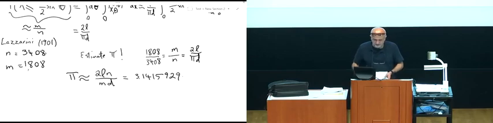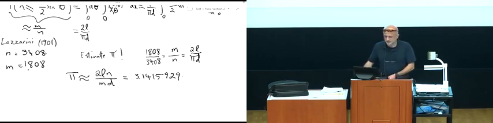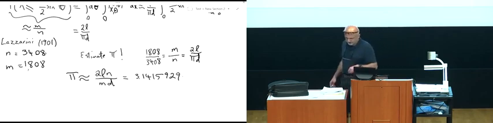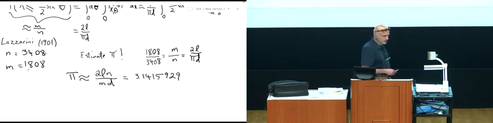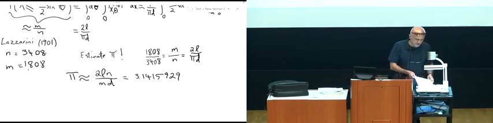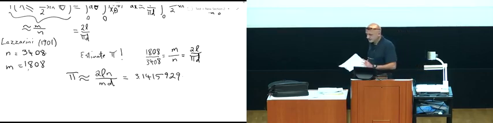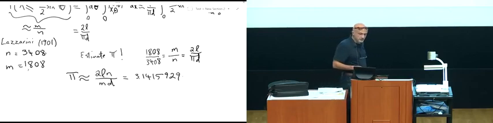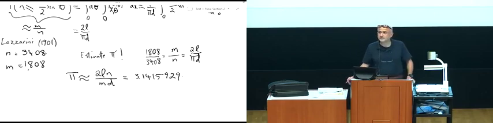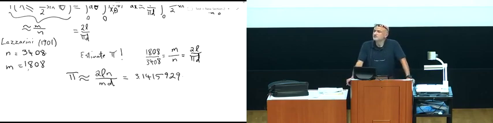Okay, so I like this problem because it pulls in a whole bunch of concepts, and at the end there's a surprising result, which is that you can actually estimate pi using experiments, the experiment of dropping a needle. Any questions on this? Yeah.